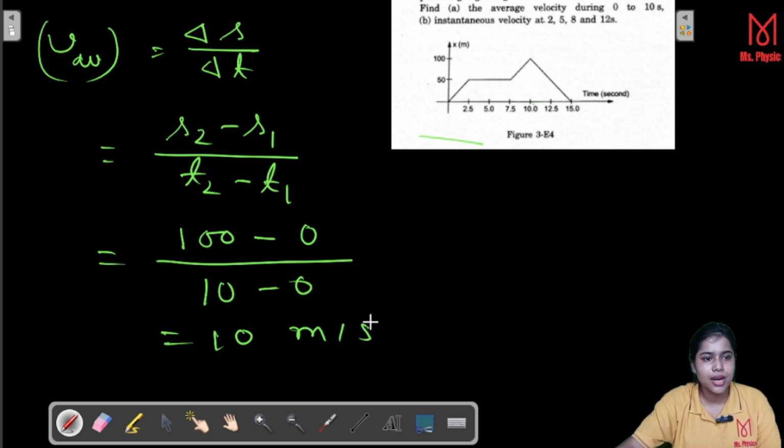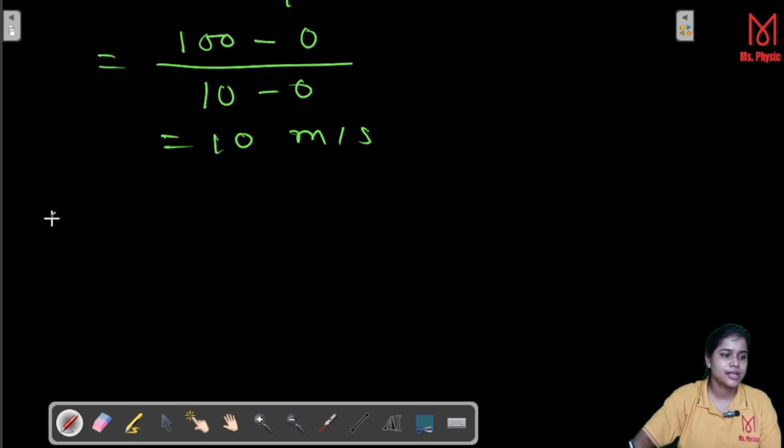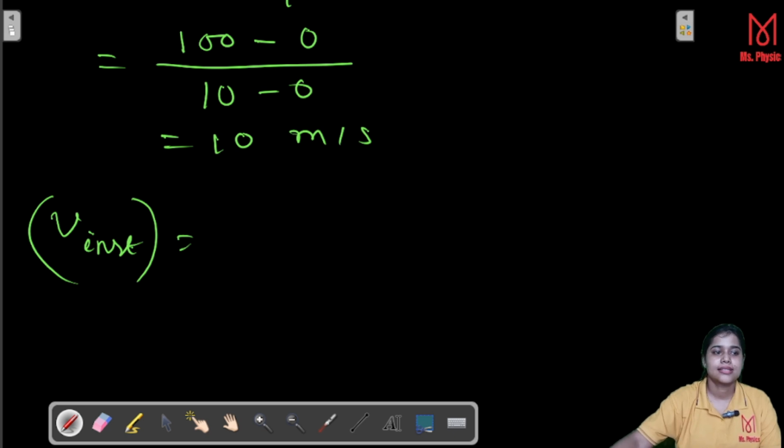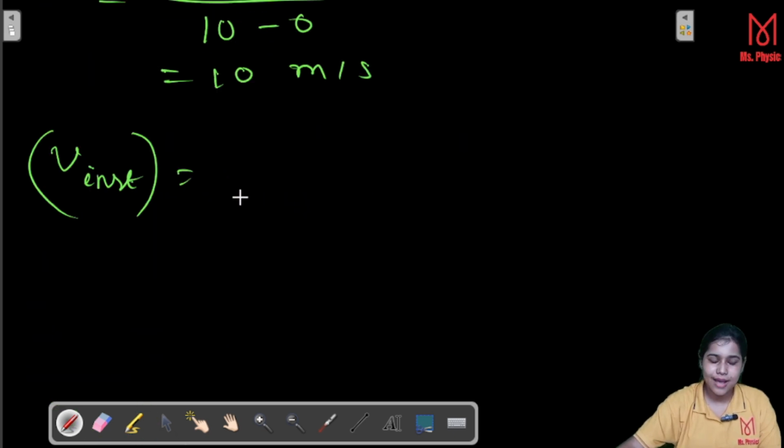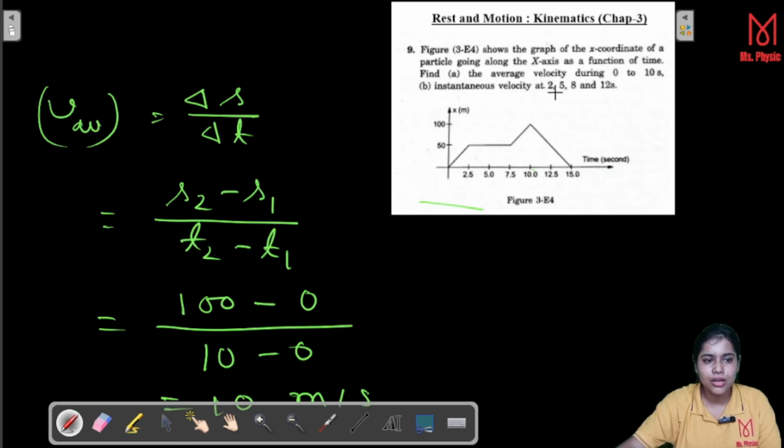Now next one is about the instantaneous velocity. Also you remember the formula: in case of V instant, this delta will become d, so ds over dt. Here we first have to calculate for t equal to 2. Suppose this is t equal to 2.